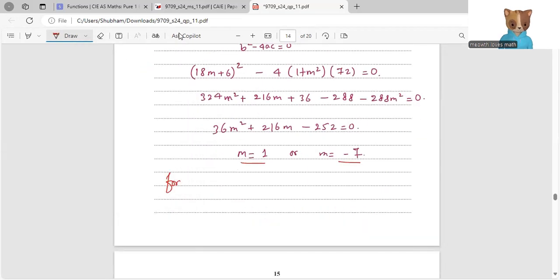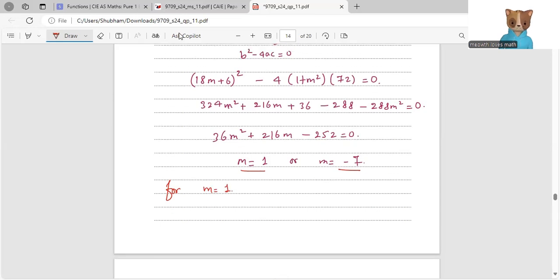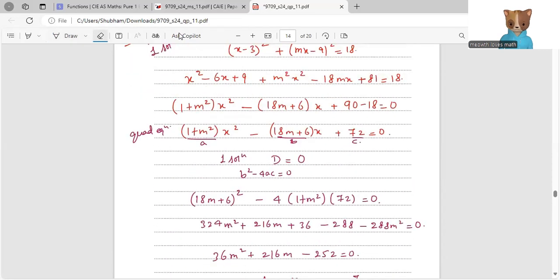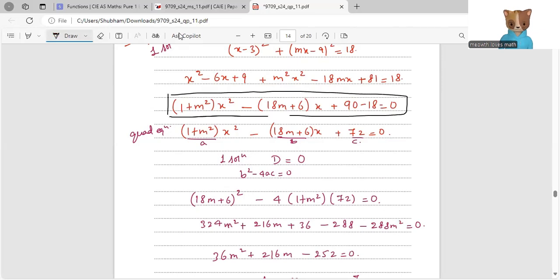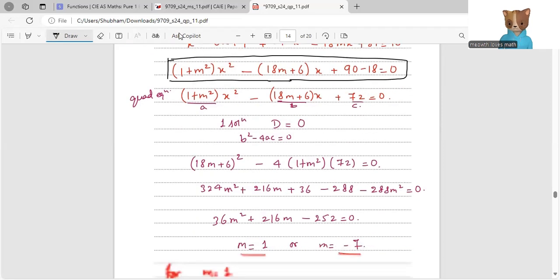Now we have to solve for m equal to 1. Now put it back in this equation. No, not in this one. Where is that equation? Yeah, this one. So this is our equation in which we have to keep the m value. Okay, final equation.